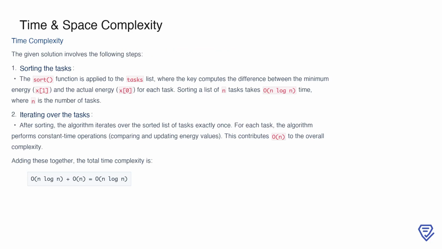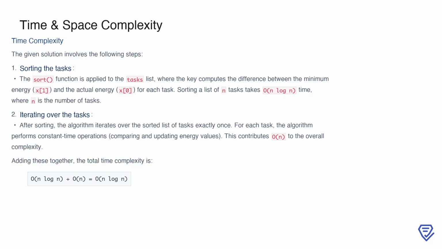To analyze the time complexity of our solution, let's break down the steps involved. First, sorting the tasks is a key operation. Here, the sort function is used with a custom key that computes the difference between the minimum energy required and the actual energy for each task. Sorting a list of n tasks involves a time complexity of O(n log n). Next, after sorting, we iterate through the sorted list exactly once.